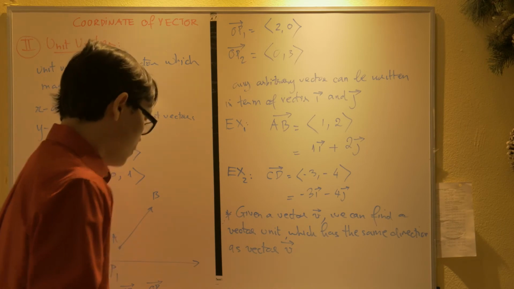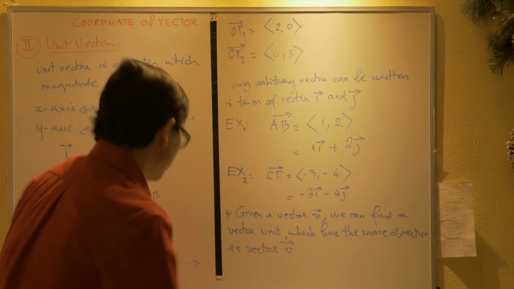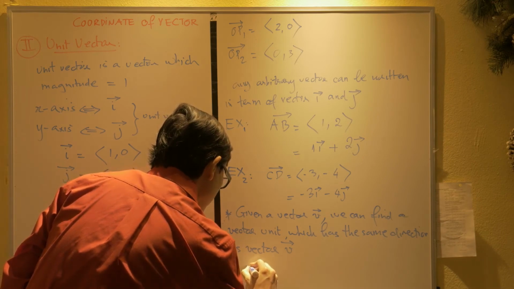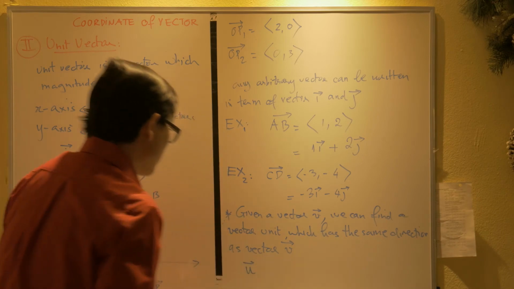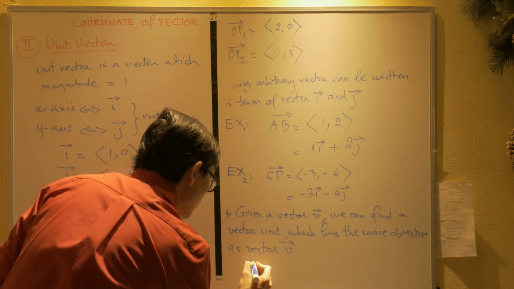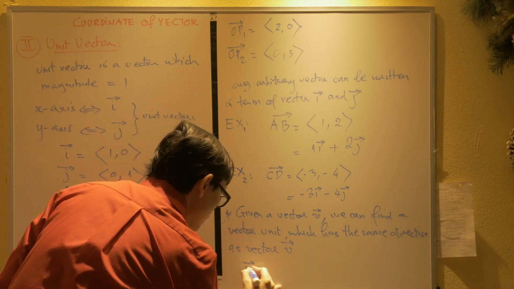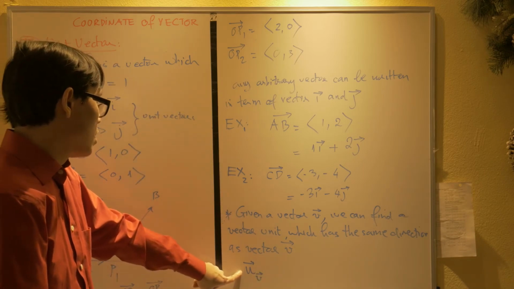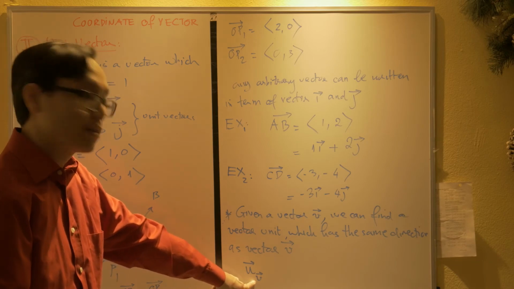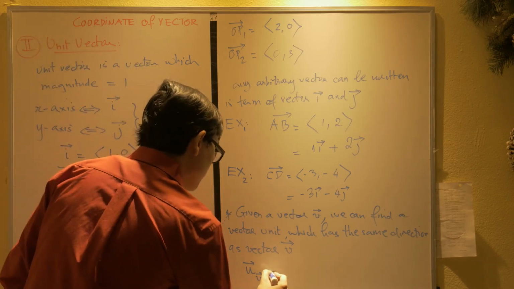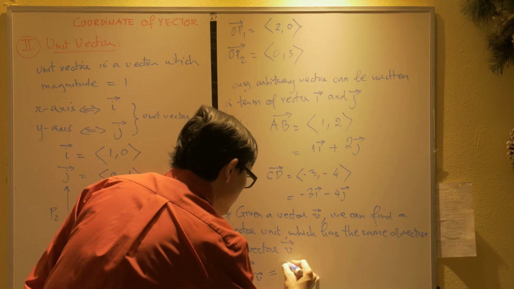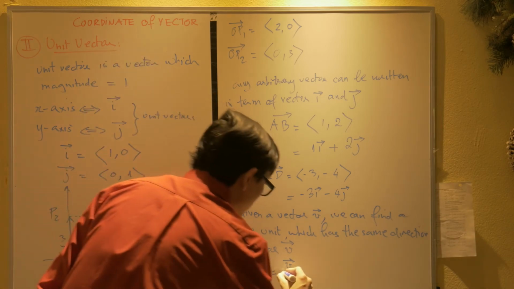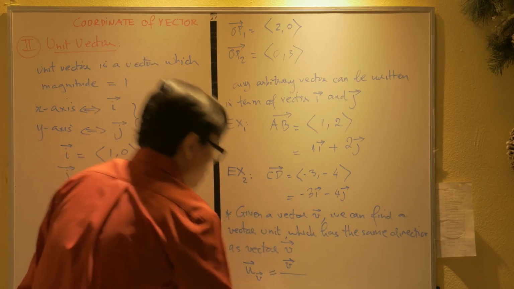And the formula to find this unit vector is, I'm going to write it like this: vector u sub v represents the unit vector with respect to vector v. So the unit vector with respect to vector v equals vector v over the magnitude of vector v.